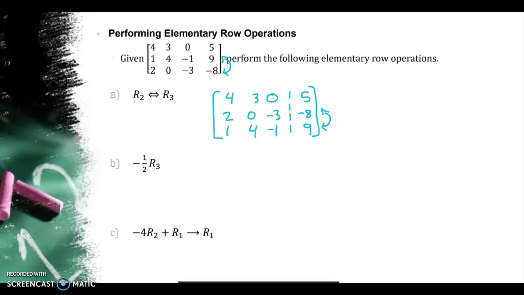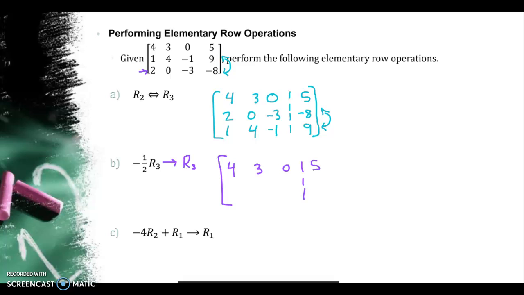Okay, the next one, negative 1/2 times row 3. So I'm only going to take row 3 and multiply it by negative 1/2, and then replace row 3 with that. In this case, this is a separate problem. Did rows 1 or 2 change from the original? Row 1 is 4, 3, 0, 5.